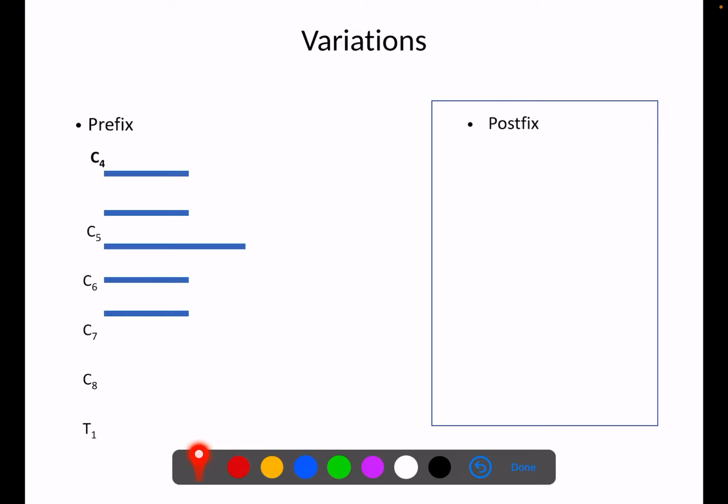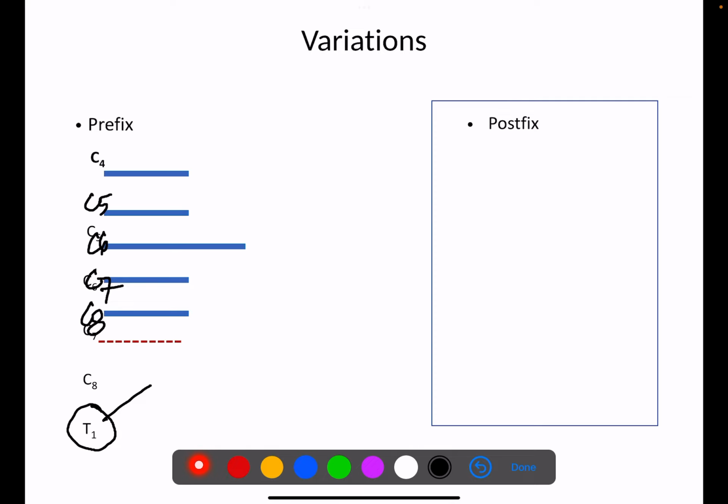So C4, C5, C6, C7, C8 participate in the formation of the plexus, while the contribution from T1 is negligible. This is prefix.